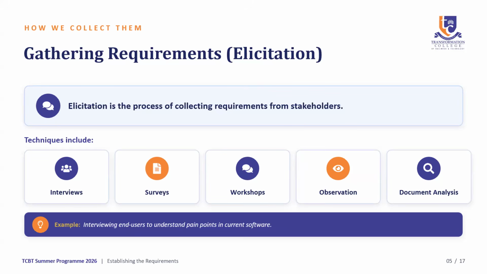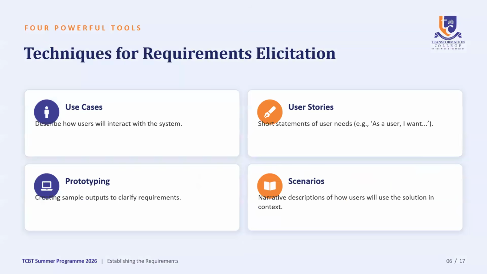And for those documented analyses, you want to ensure that there is proper agreement between all stakeholders, including yourself, your partners, and the client or consumer, as the case may be. Right, now that's for gathering the requirements.